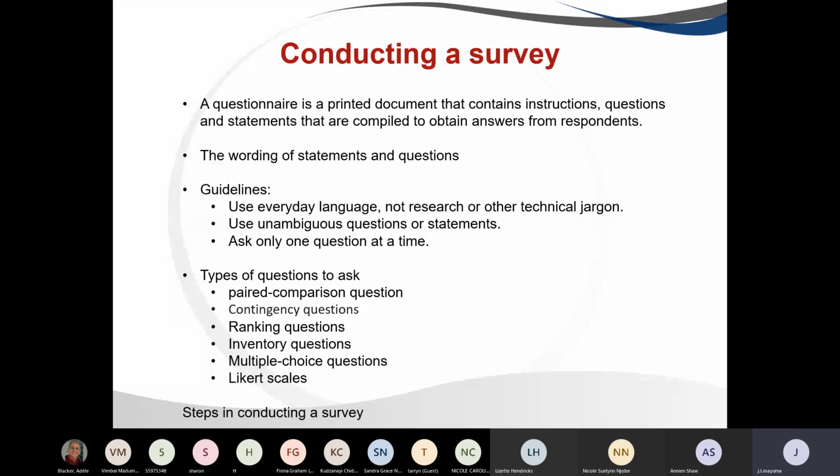I think we've all come across a Likert scale. It's either strongly agree, agree, neutral, disagree, strongly disagree, and you make a list of statements, and then the respondent can say where they fall on the continuum. It's a good way to collect attitudes and opinions of people.